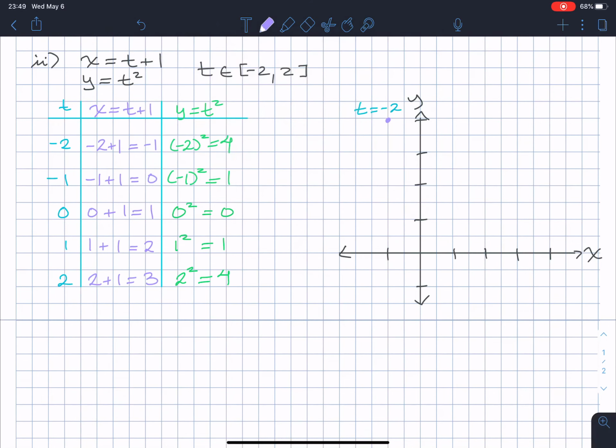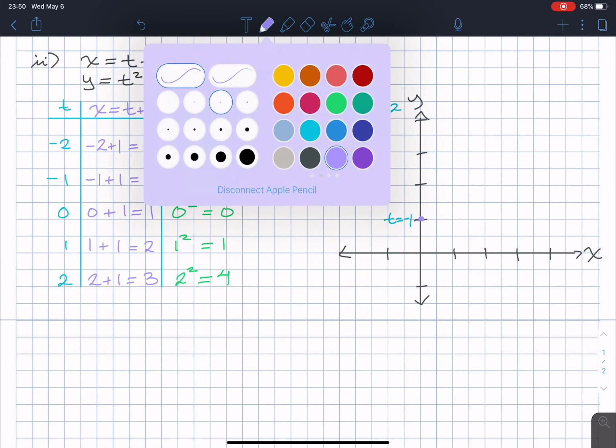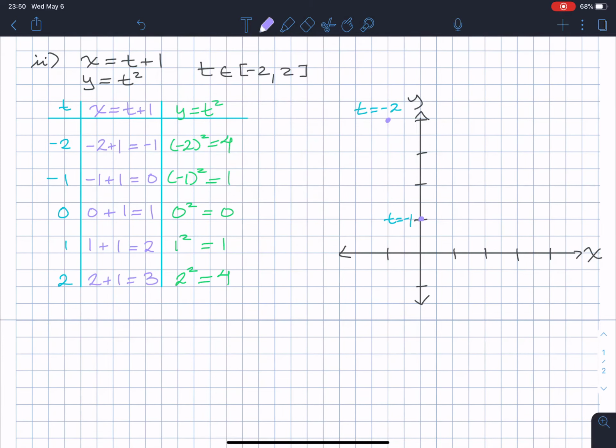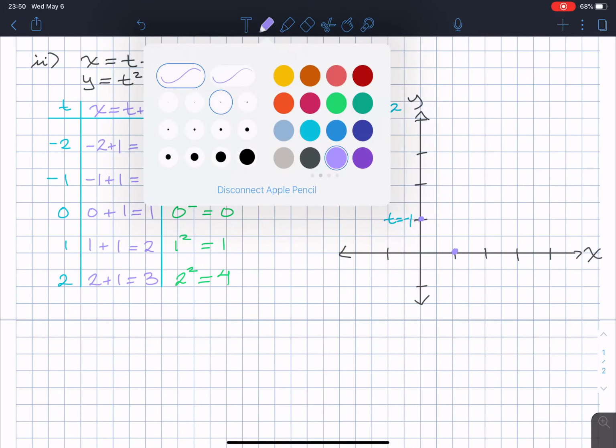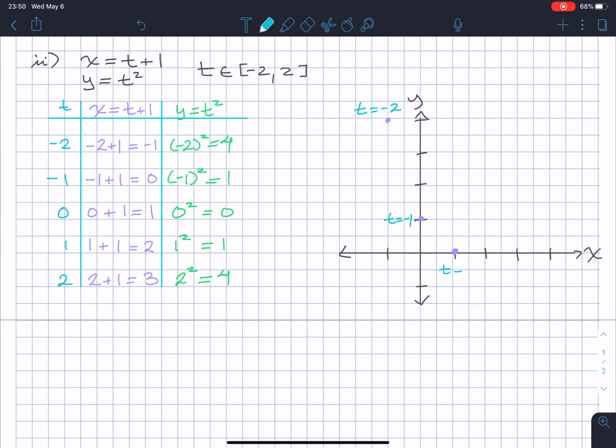My second point is at 0, 1, and that's when t is equal to negative 1. My third point is at 1, 0, and that is when t is equal to 0.